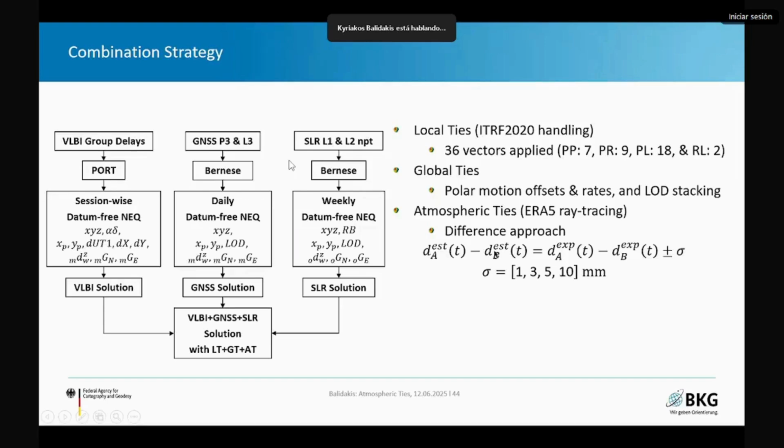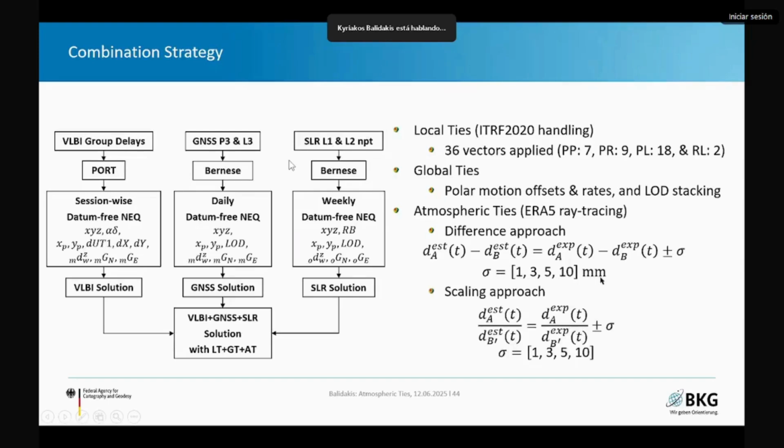So we say the difference between, for example, GNSS and VLBI, this is the measured difference, should equal the expected difference that we get from a weather model. And then, as we said before, we need to decide what uncertainty to put on this pseudo observation equation. We had 4 choices from 1 millimeter to 1 centimeter.